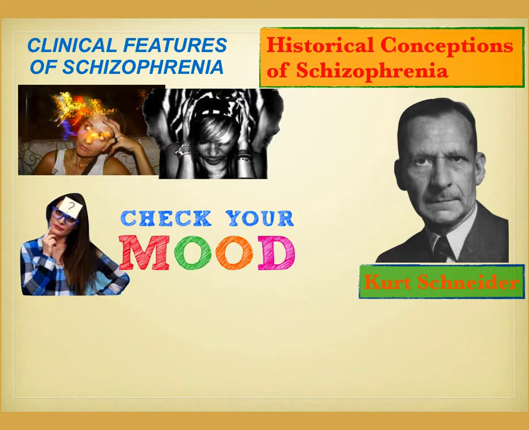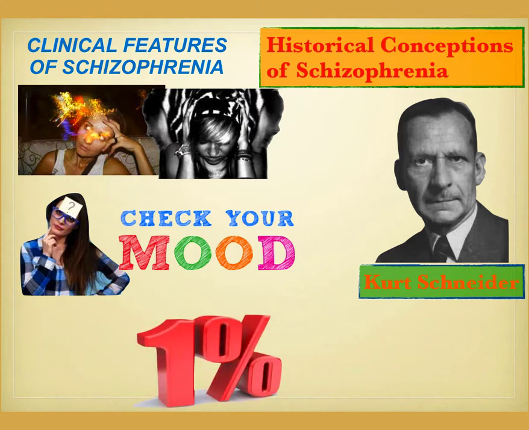Now, Kraepelin, Bleuler, and Schneider each have contributed to how schizophrenia is viewed and diagnosed today using the DSM-5, and you'll find this on table 10.1 on page 356. Now, what's the prevalence of schizophrenia in the general population? Schizophrenia is believed to affect about 1% of the population, so it's not particularly big.